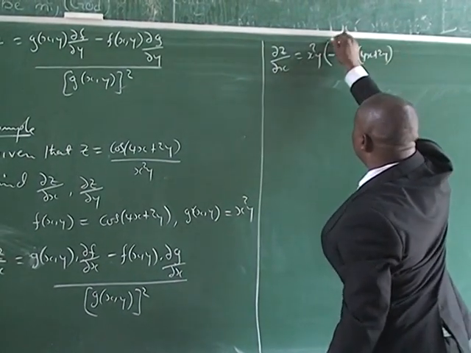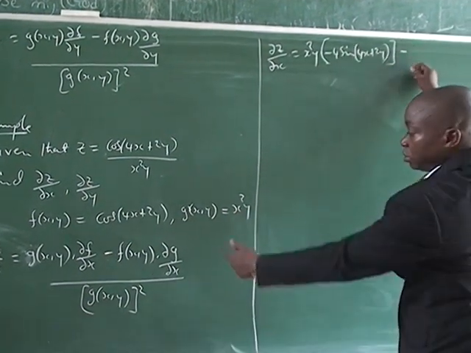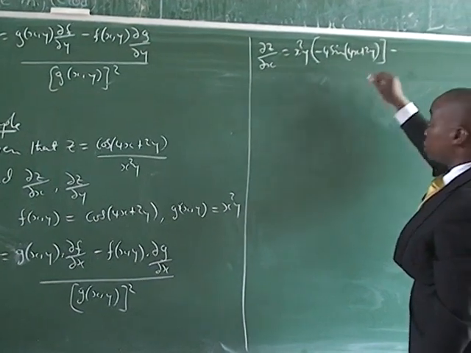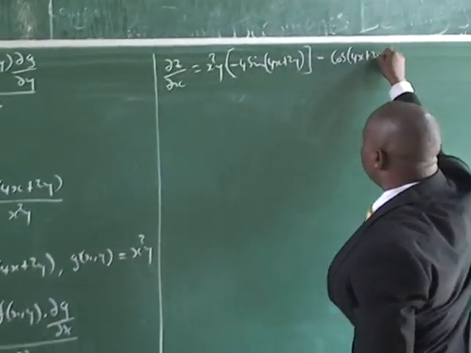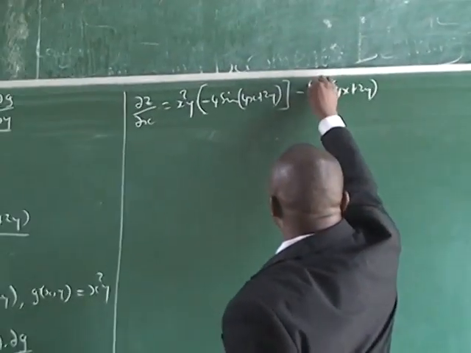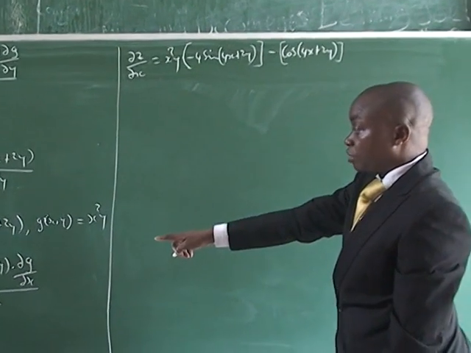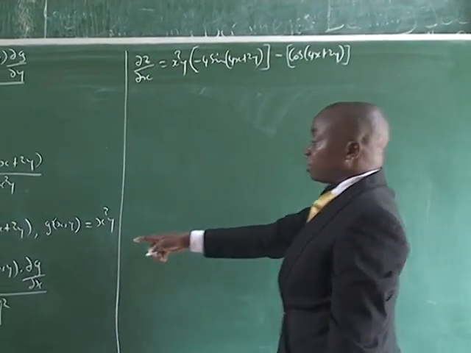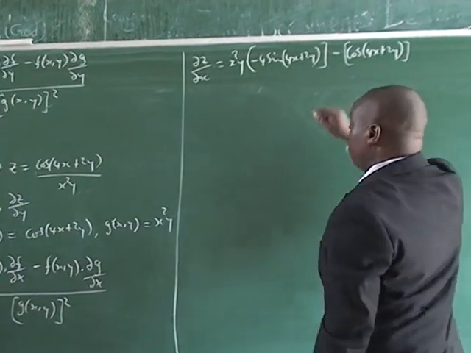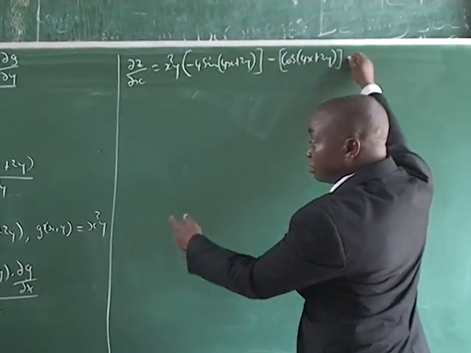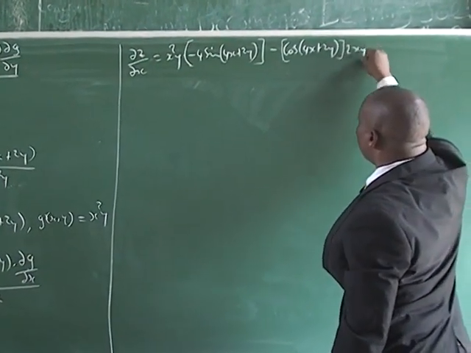Minus f of xy, which is cos 4x plus 2y, times the partial derivative of g of xy with respect to x. So that will give me 2xy.